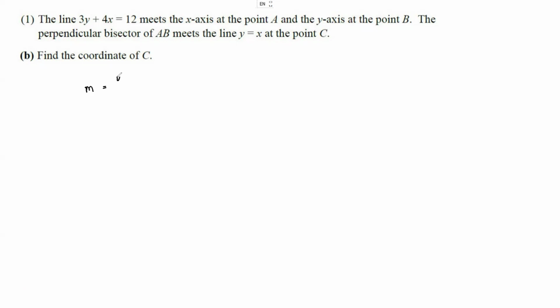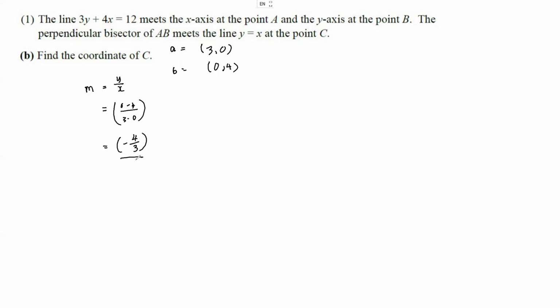We can use the coordinates from question A: the coordinates of A is (3, 0) and the coordinates of B is (0, 4). For that, we can find the gradient by subtracting them.